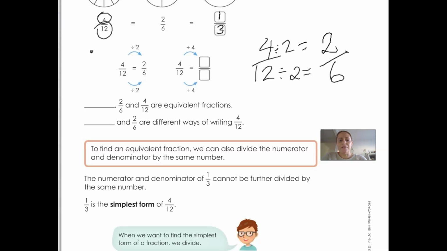So easy, 4/12 divided by 4 this time. So 12 divided by 4 is, if you know your multiplication, you know your fact family, 3, because 3 times 4 equals 12, and 4 times 3 equals 12. 12 divided by 4 equals 3, and 12 divided by 3 equals 4.